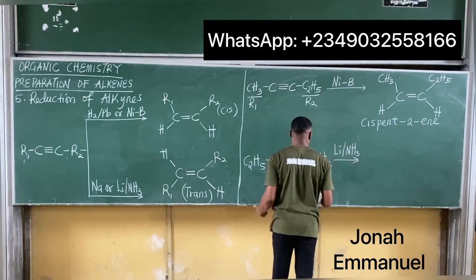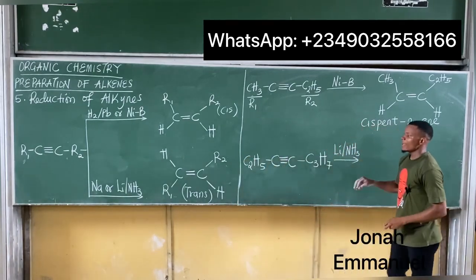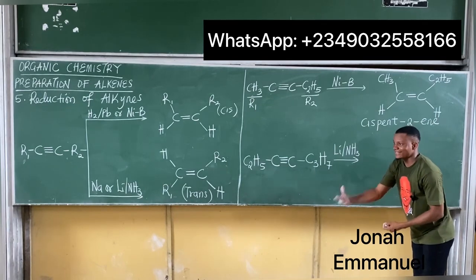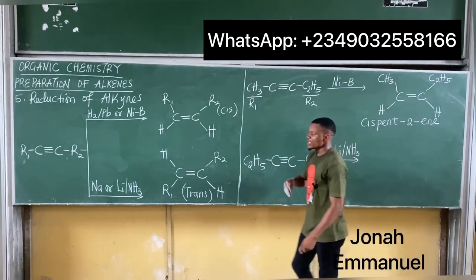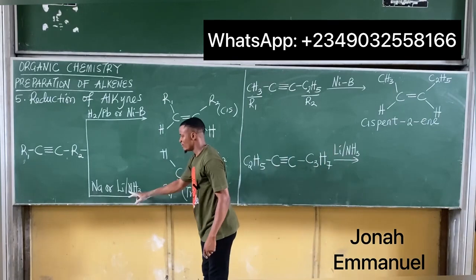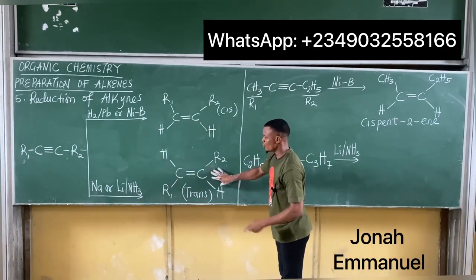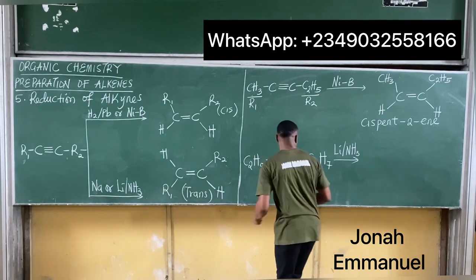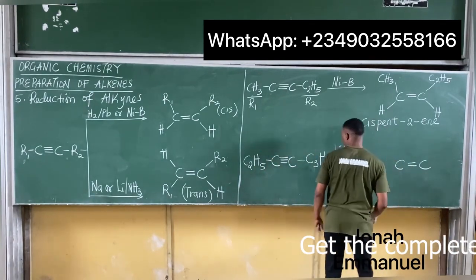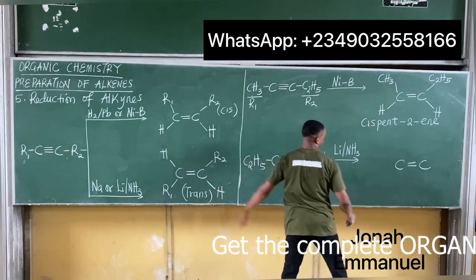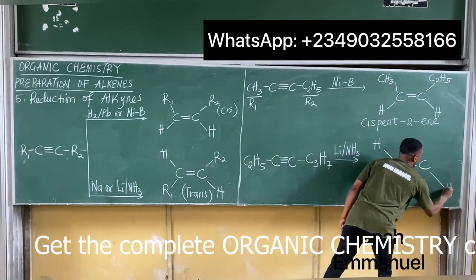Come here too, same concept. Now the reactant is lithium and ammonia. If I combine with lithium and ammonia, I'll form the same geometric isomer, but a trans one. Put C double bond to C, with H here and H here.